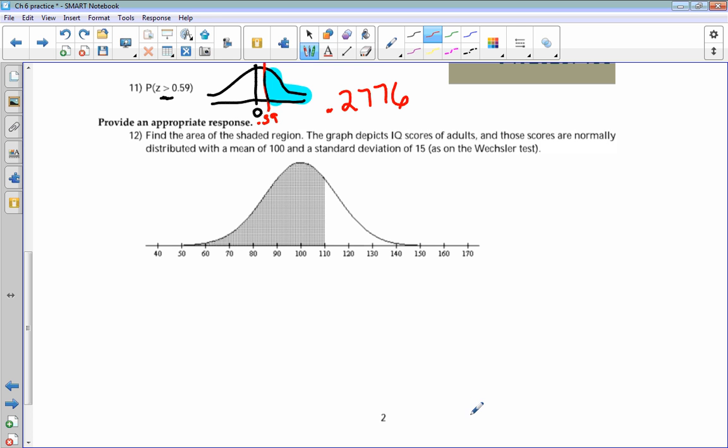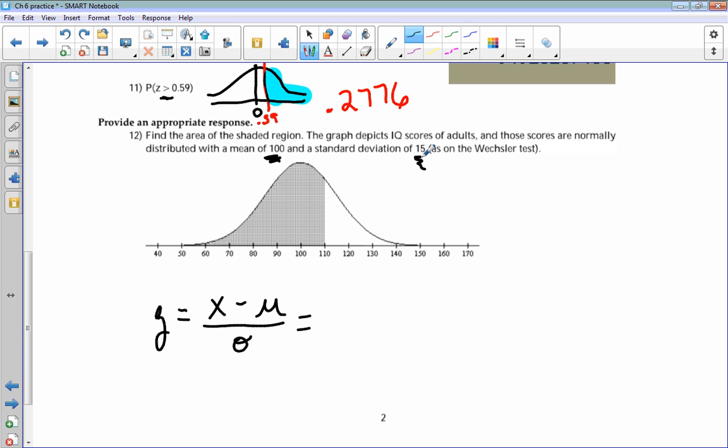The first is we can convert our non-standard scores to standard z-scores, and to do that we use the formula that says z is equal to x minus mu divided by the standard deviation. In this case, we realize that the mean is 100 and the standard deviation is 15.